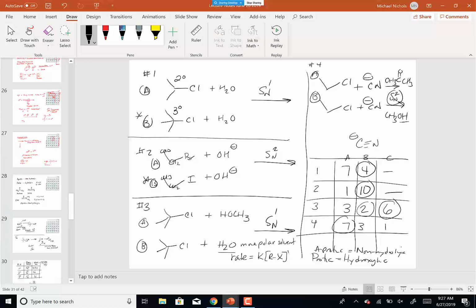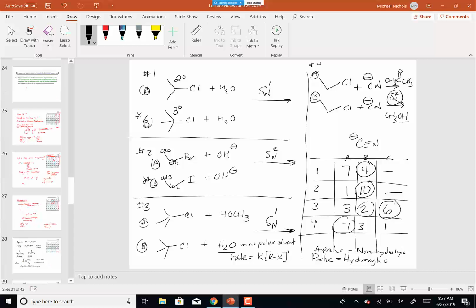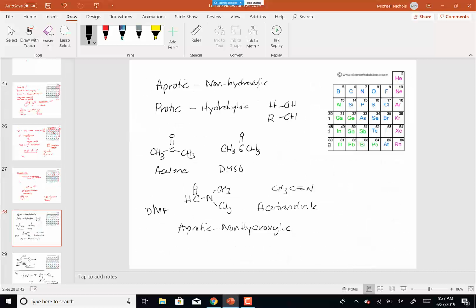And those are the ones that I laid out yesterday. So acetone, DMSO, DMF. I don't know if they have acetonitrile or not, but basically the only protic ones are going to be alcohols like ethanol and then water. And I can't see them using more than ethanol as the alcohol, because they're not going to say propanol or butanol, but ethanol and water would be the two protic solvents.